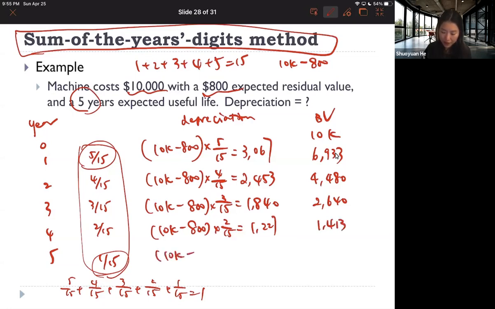The last year, we depreciate 1 over 15. After the last year, we have depreciated all of our depreciation base, and our book value will be equal to our residual value, which is 800. So this is the sum of the years digits method.